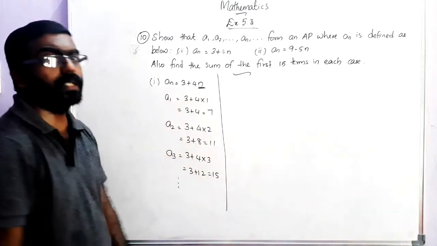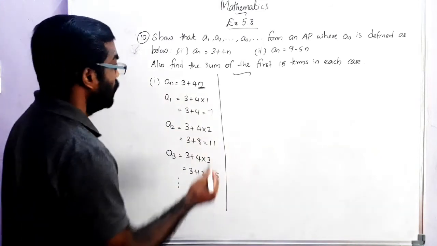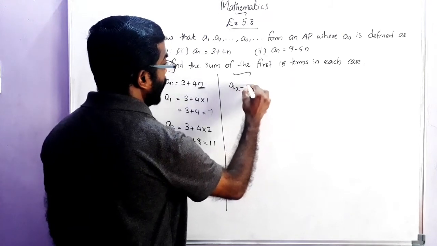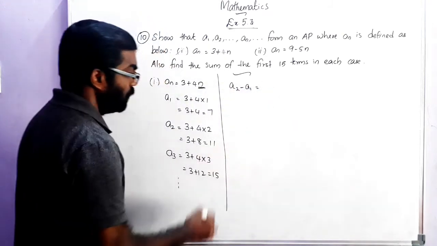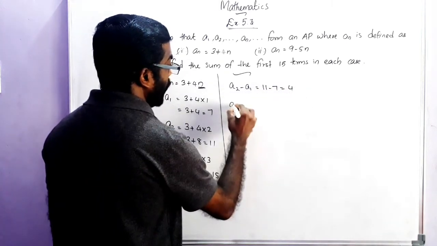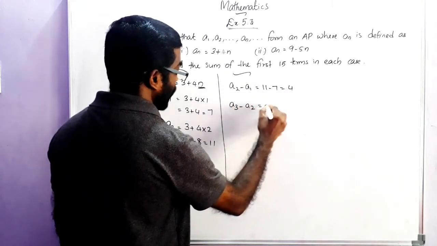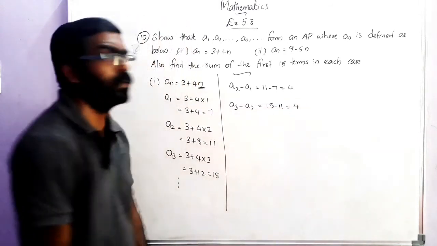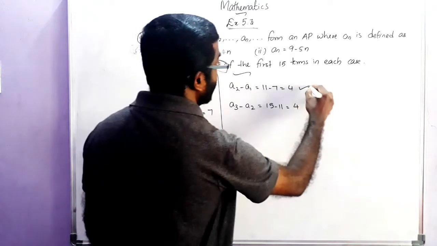So in order to check whether it is an AP or not, we have to take the difference between the consecutive terms, that is a2 minus a1, which is equal to 11 minus 7, which is equal to 4, and a3 minus a2, which is equal to 15 minus 11, it's also equal to 4. That means the difference is same.